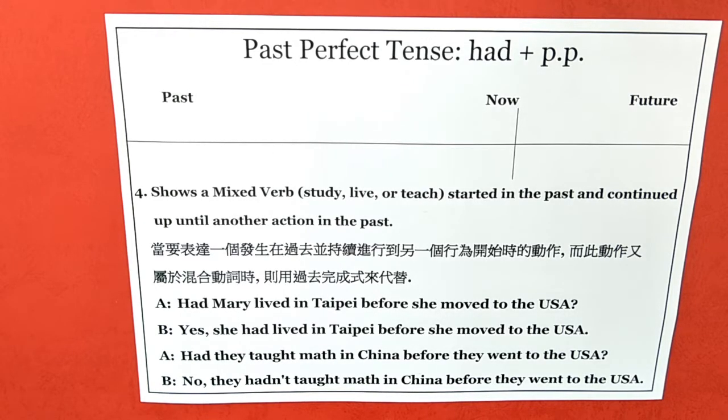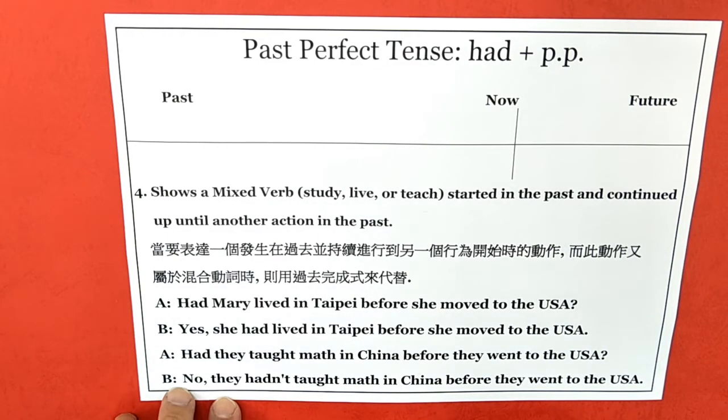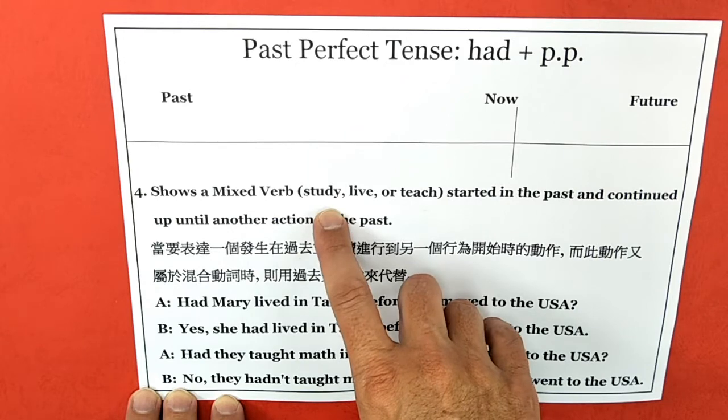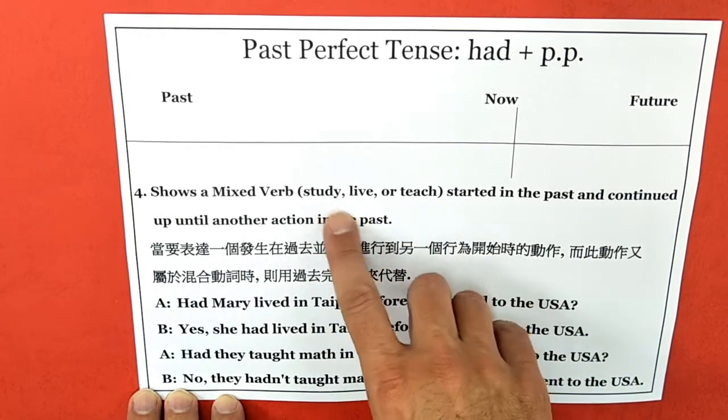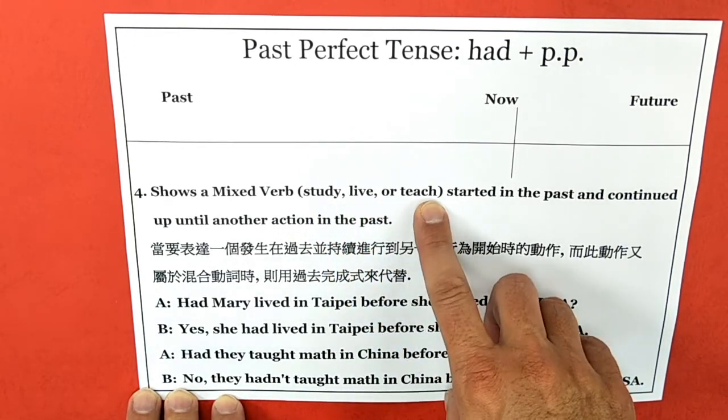This is why sometimes American kids are confused. What tense is this? What should I use here? Well, especially with the mixed verbs. Now, in Taiwan, your teacher will teach you these three mixed verbs: study, live, or teach.